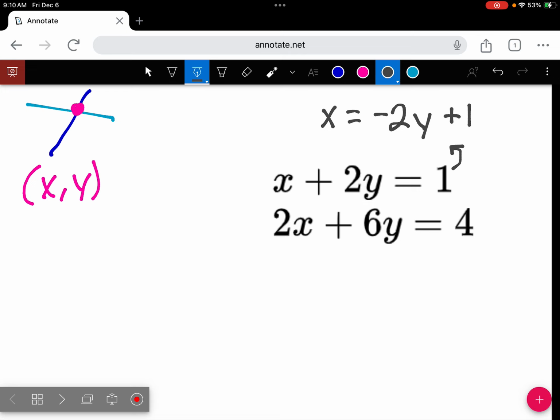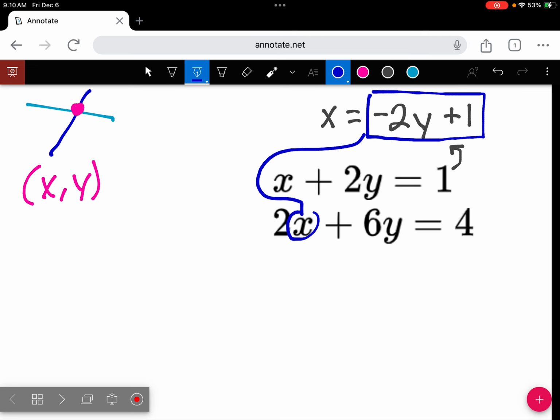Let's follow our instincts. Since I have x equals this chunk, I can substitute this into my other equation in place of this x. It has to be an x equals or a y equals to do it as substitution. It has to be a variable equals.